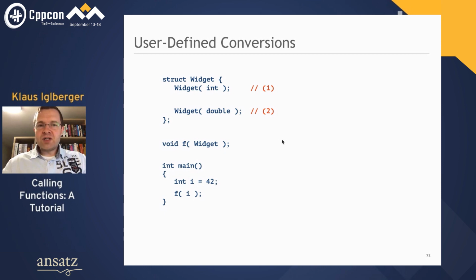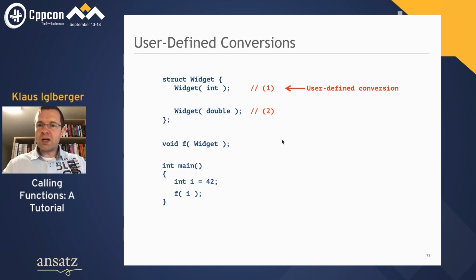Now, if you have user-defined conversions only, like here in this example, we have a widget constructor that takes an int and a widget constructor that takes a double, constructor 1, constructor 2. And I have a function that takes a widget, and I call this function by means of an int. Again, the intuitive things happen. It is a user-defined conversion because I have to create a widget from this integer.